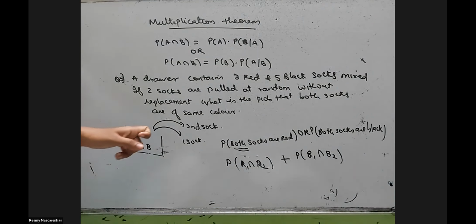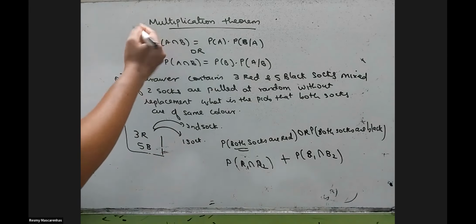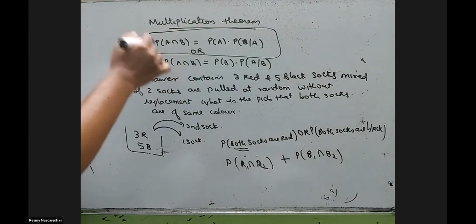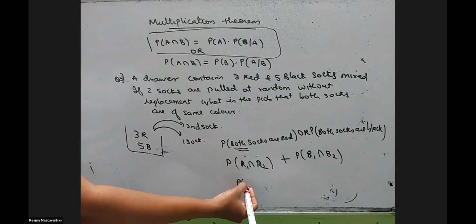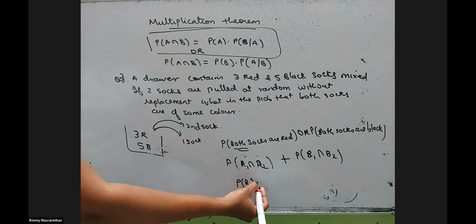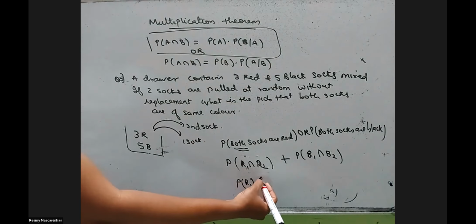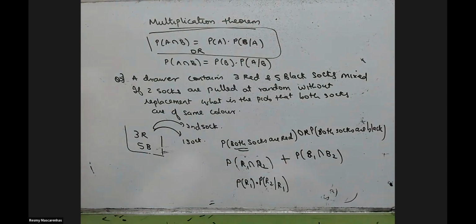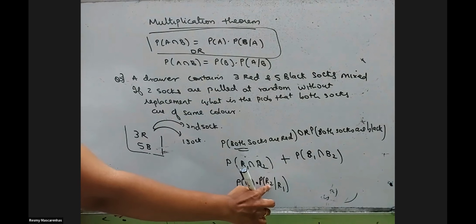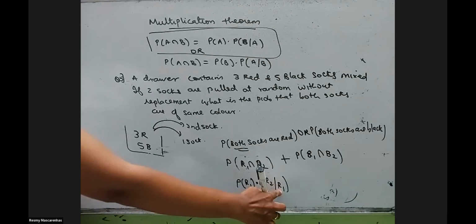Now these are dependent events. Obviously, depending on which was the first sock, the second one's probability will depend. So straight away we'll use one of the formulas. P of R1, the probability of the first sock, and then probability R2 is dependent on the first one. The probability that the second sock is red is dependent on the first one.